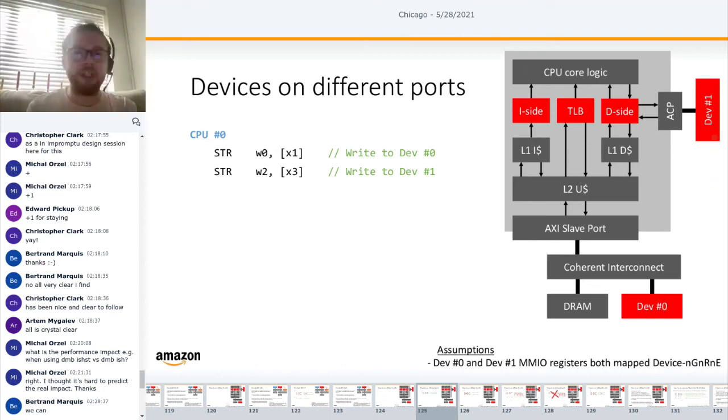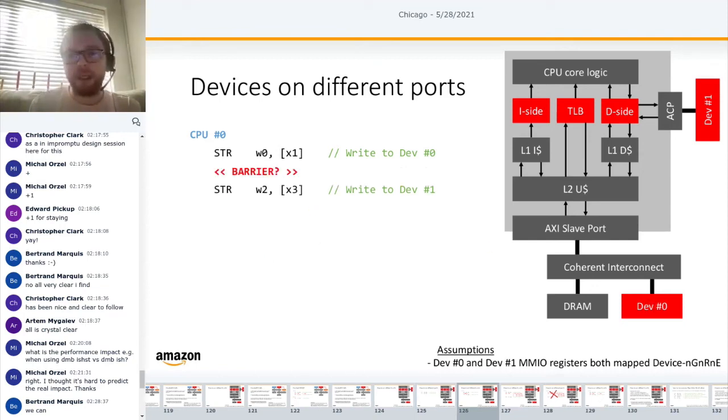And maybe device 1 is a DMA, or it's going to start doing some copying, some transferring, right? And I need to make sure that when that timestamp is printed by device 0, that definitely happened before device 1 even started issuing any bus transactions, right? So I really want to make sure that this write is observed first.